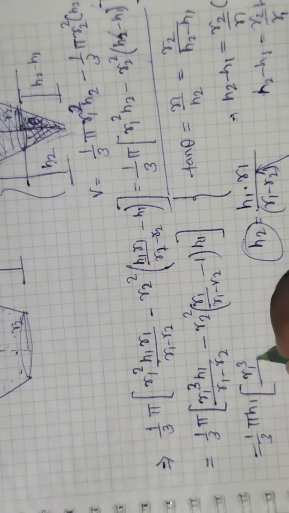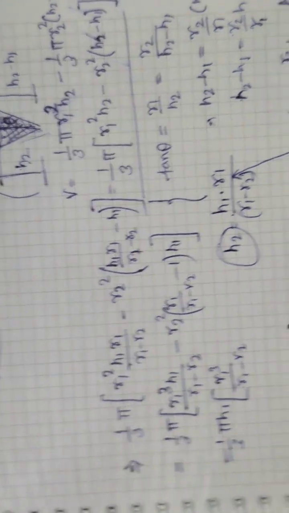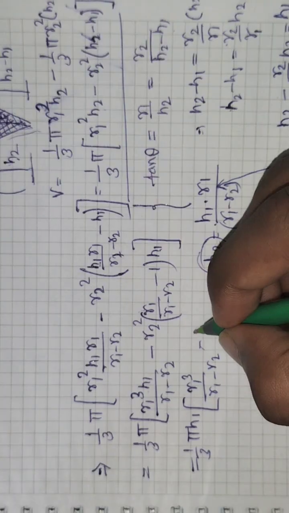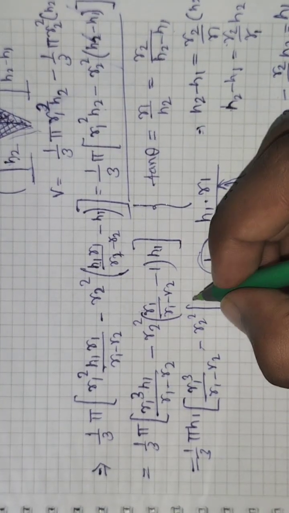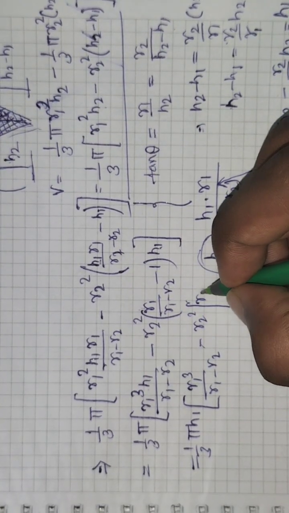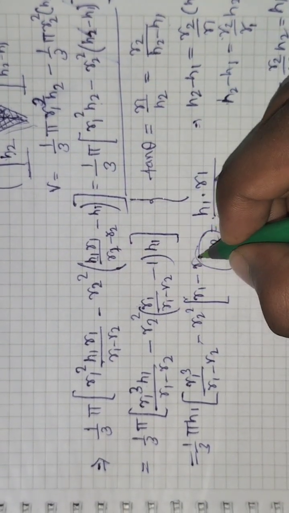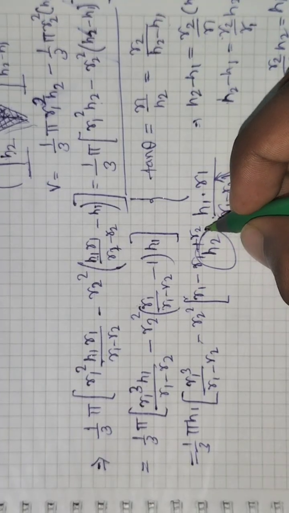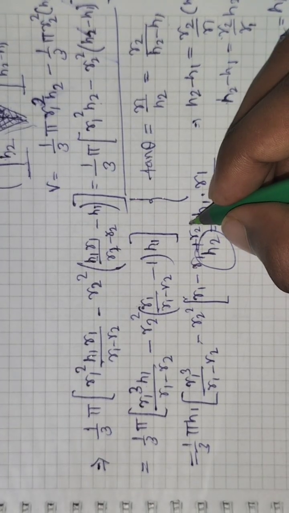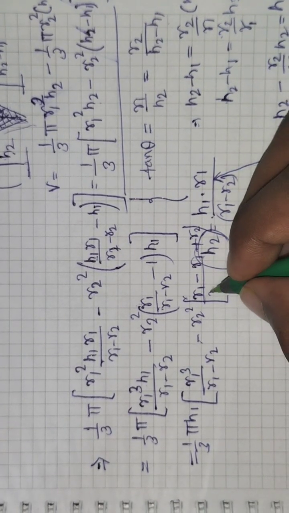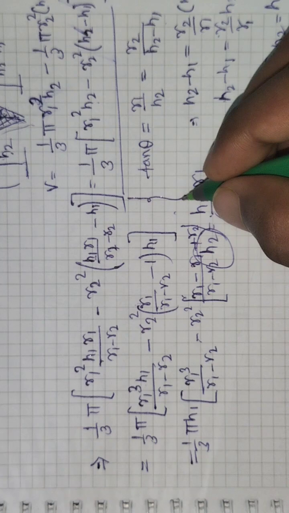From here r1 cube minus r2 square, so r1 minus r2 we will cross, here r1 plus r2, divided by r1 minus r2.